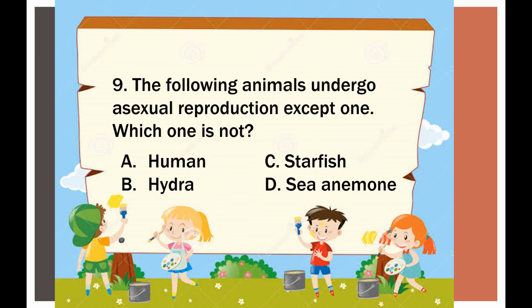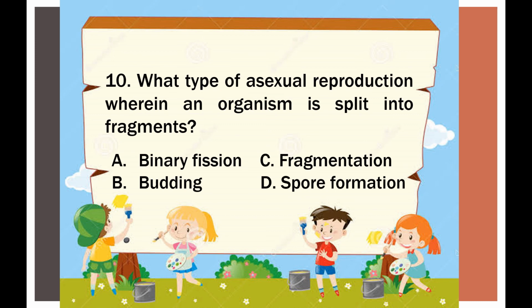Number 9. The following animals undergo asexual reproduction except one. Which one is not? Letter A. Human. B. Hydra. C. Starfish. D. Sea anemone. Number 10.